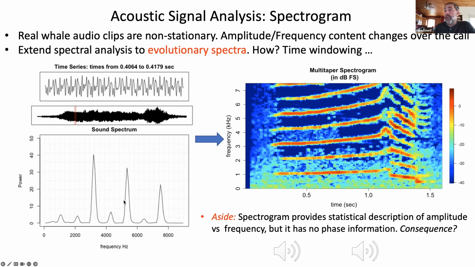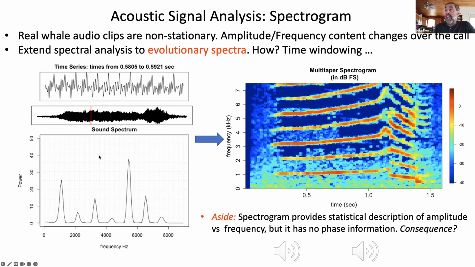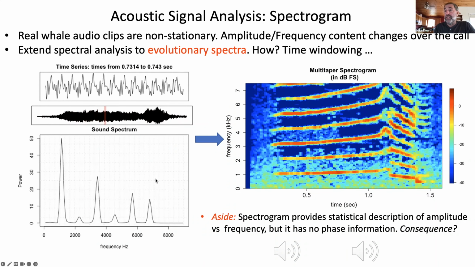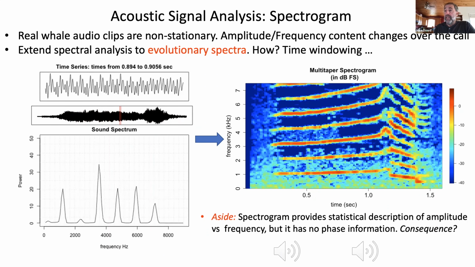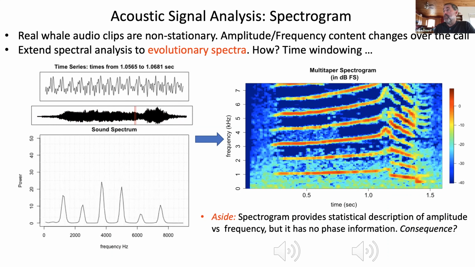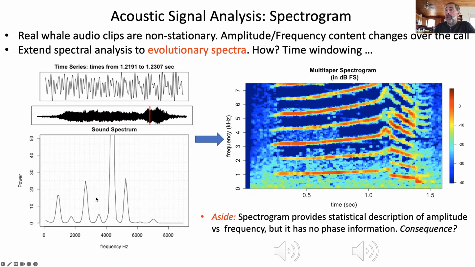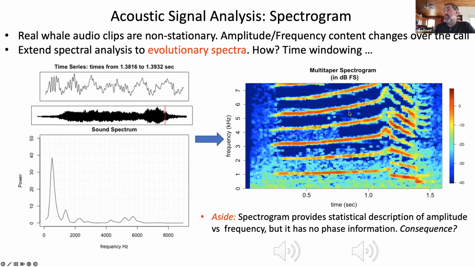So you can see where the dominant frequencies of the killer whale call are as the call evolves through time. You can see they change in amplitude, and they slowly drift in frequency. And in this case, there's the harmonic structure. A spectrogram is just stacking together all these power spectra from all these windows into a graphical representation like this.